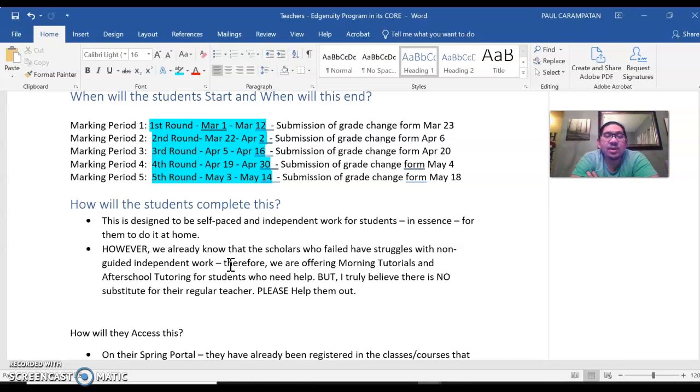So we are asking your help, as teachers of record, to please reach out to them also. We are going to do our part. When I say we, we're talking about Miss Griffin, myself, and Miss Gilliam. We already have reached out to the parents of these kiddos to start the work.